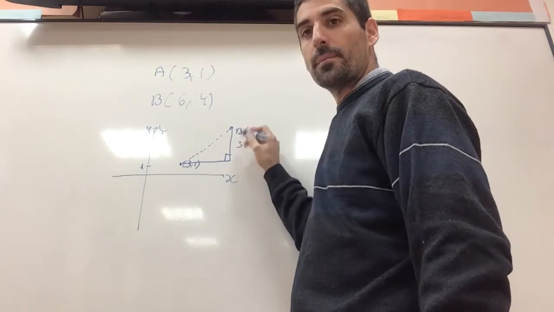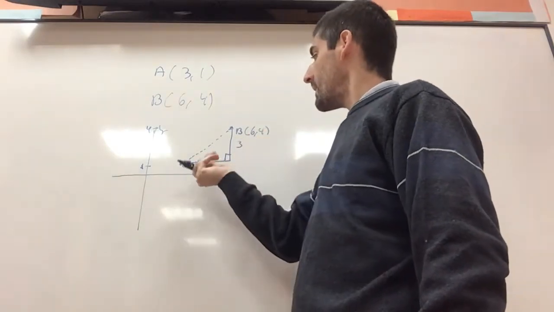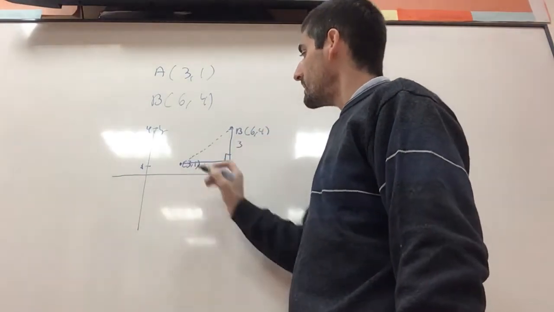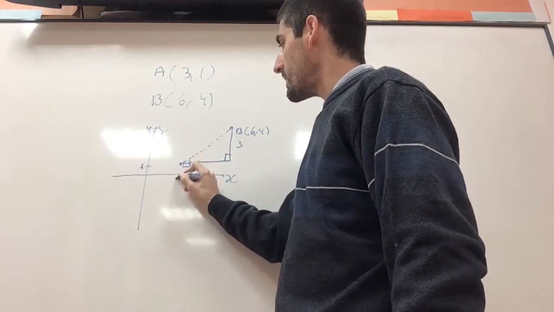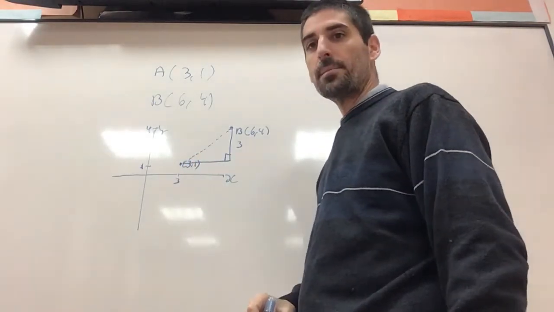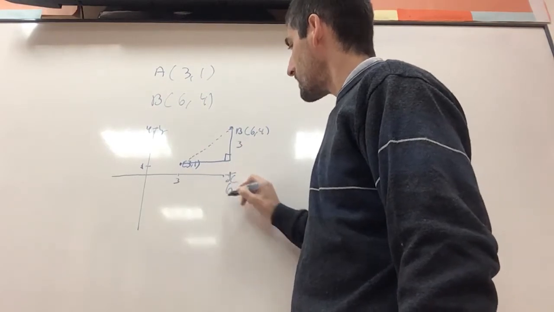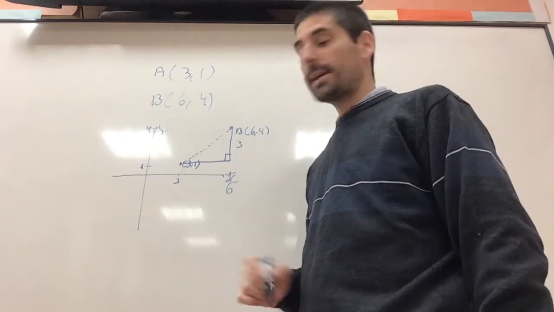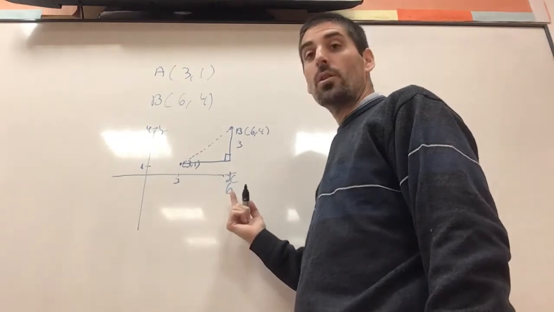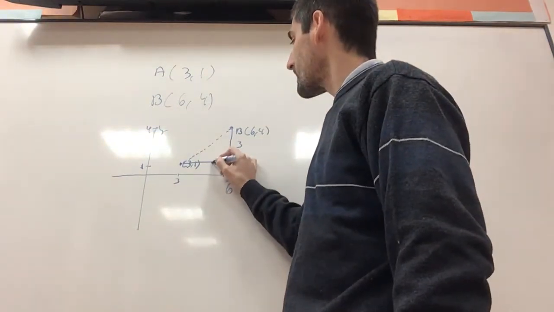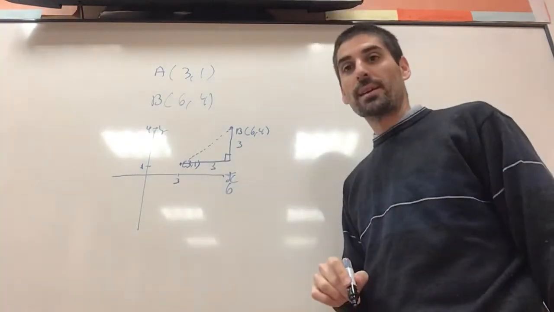So that distance there is 3. And the distance here, this point is 3 on the x-axis, and this point 6 is 6 on the x-axis. So from 3 to 6, or 6 take away 3, is 3. So that's my right angle triangle.